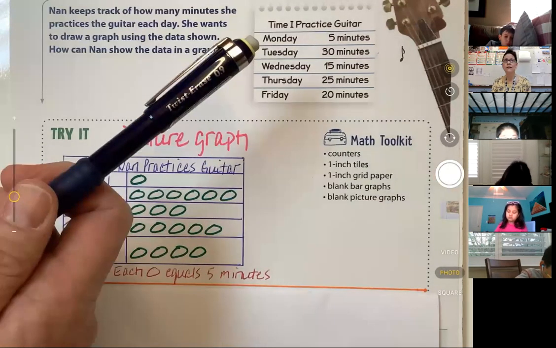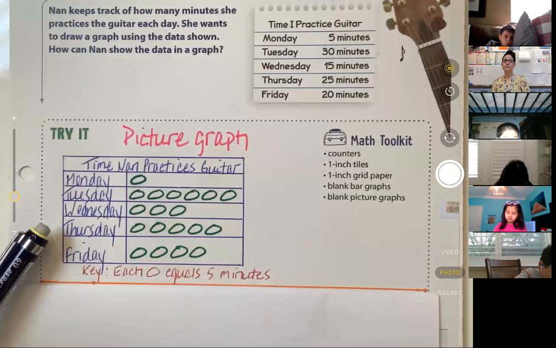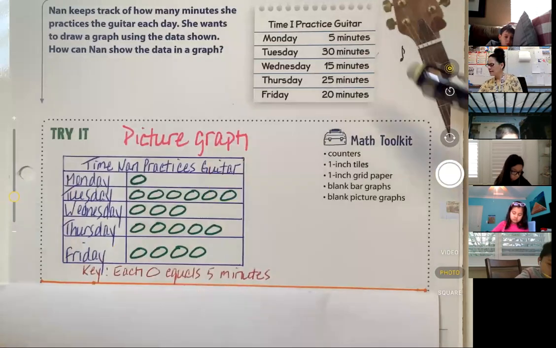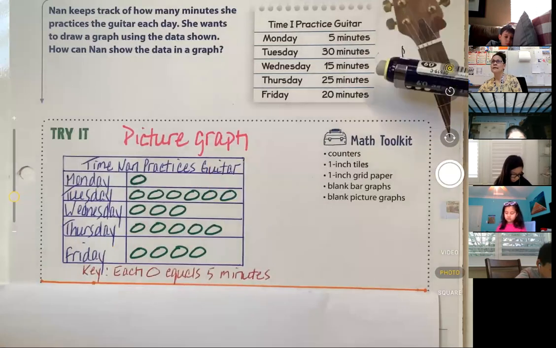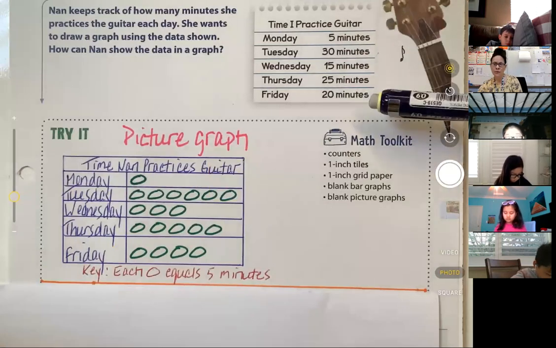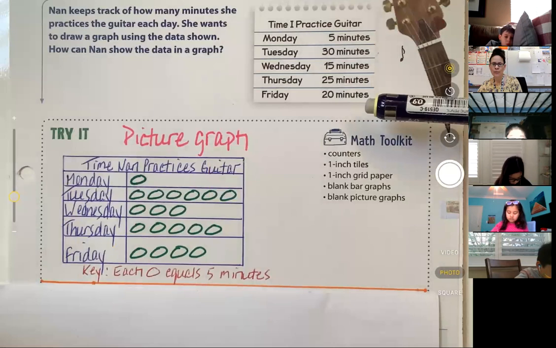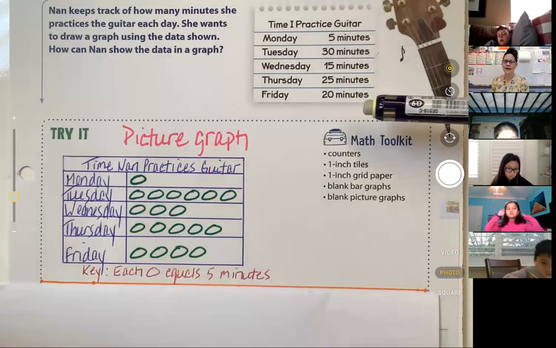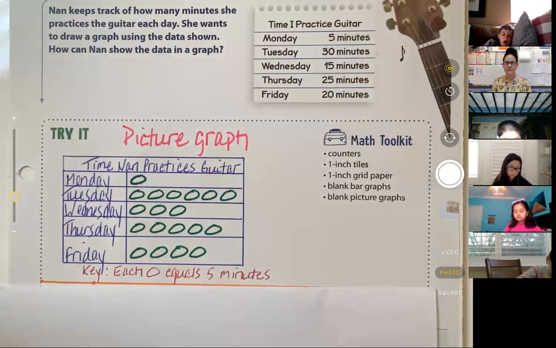So that's what I'm going to do. And then she wrote down her minutes. So that's what I'm going to do too, but I'm going to represent it in pictures. But I can't do that until I give you a key, right? I need to describe to you how I'm displaying those minutes.